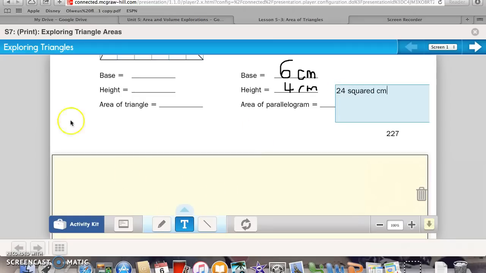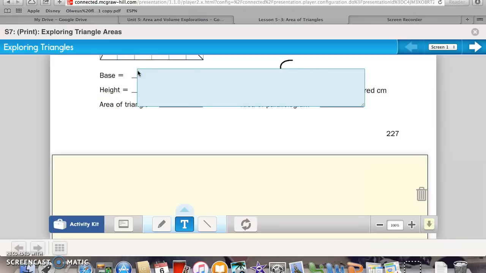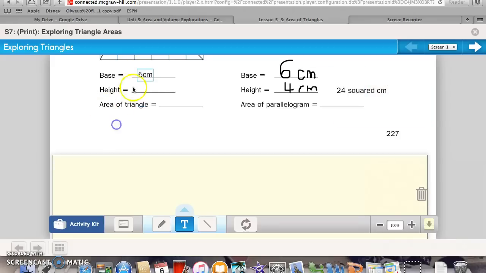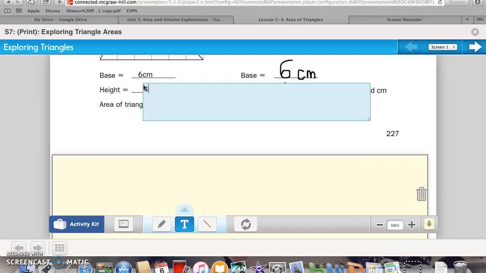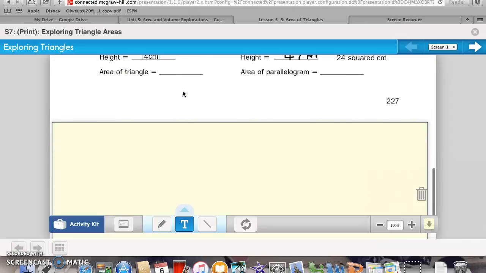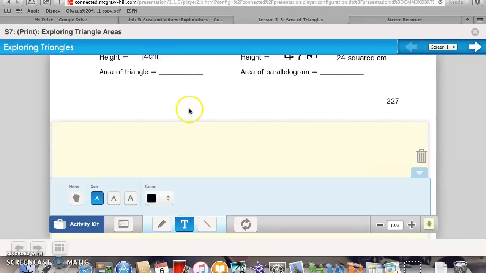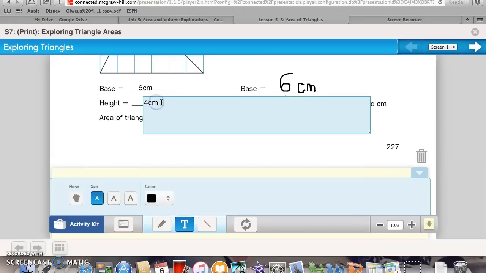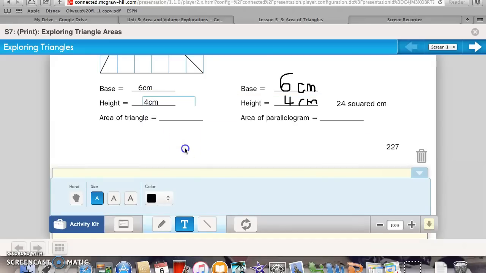squared. Over here, for our base, we had 6 centimeters. For our height, we had 4 centimeters. But when I found the area of my triangle, for some reason it doesn't want to write that low. We'll just hit enter and we'll put 24 squared centimeters.